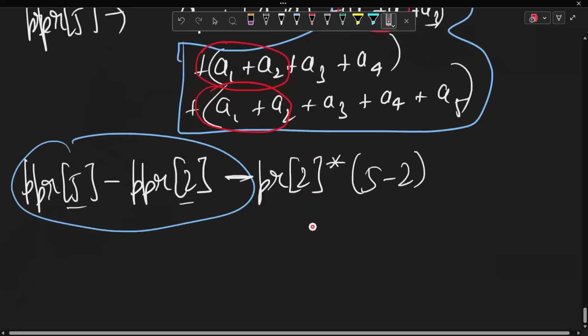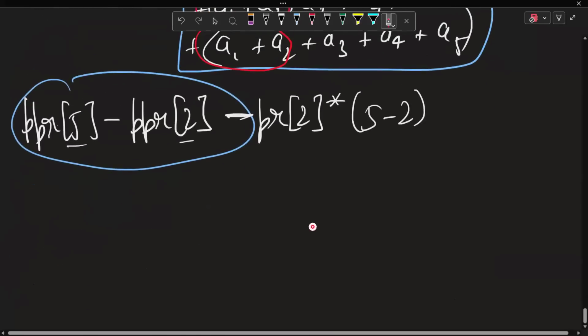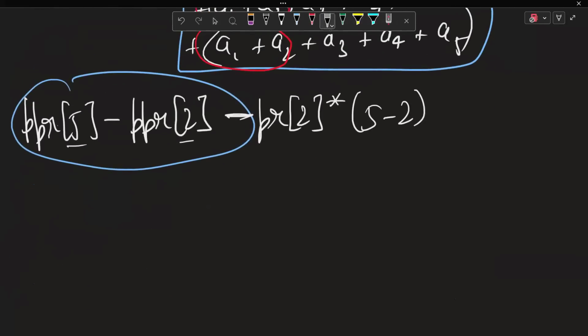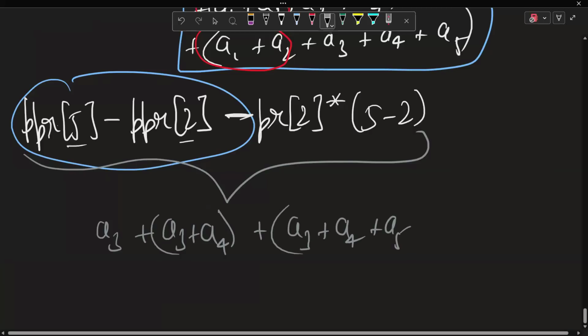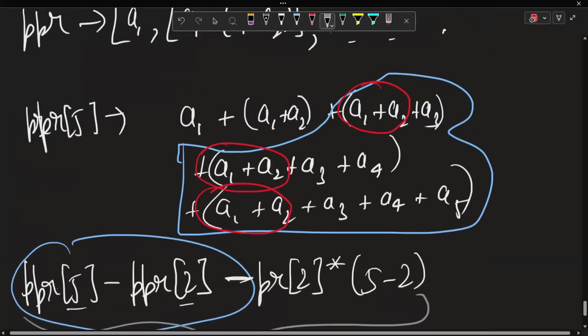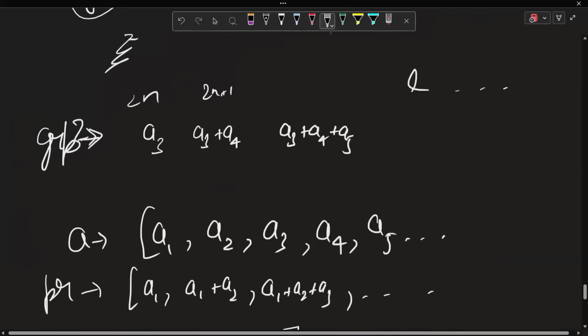So basically this whole thing that I get is A3 plus A3 plus A4 plus A3 plus A4 plus A5. So just before L, whatever thing is coming.